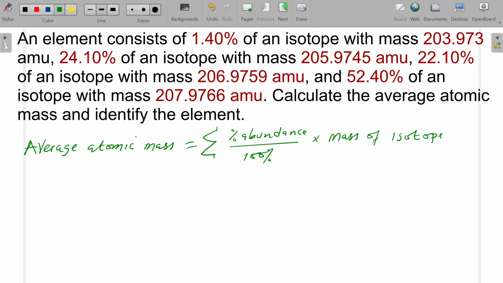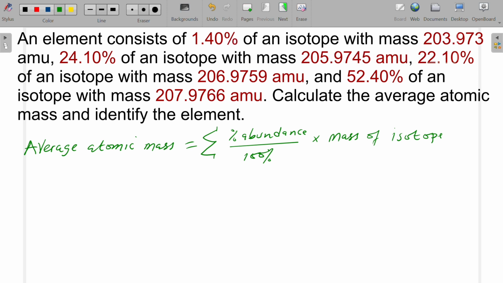Now, we need to understand what this formula really means. What it means is when we say the sum, this symbol here represents the sum. So when we say the sum of the percentage abundance divided by 100 multiplied by the mass of isotope, for example, in this element here, we've got 4 isotopes. We have one that has got a percentage abundance of 1.40%, and it has got a mass of 203.973.